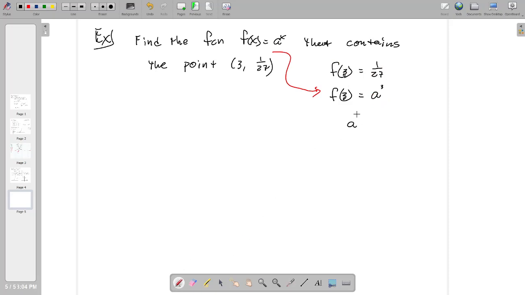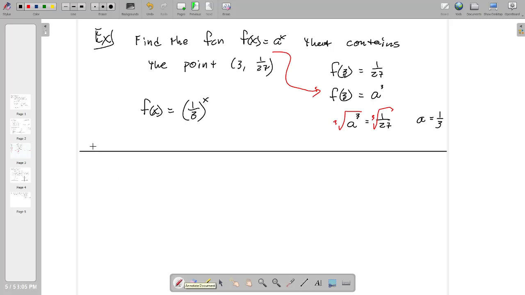We end up with a to the third is equal to 1 over 27, and we just need to solve for a. We take the cube root of both sides, then we end up with a is equal to 1/3. So our function, f of x, is equal to 1 over 3 to the x power, like this.